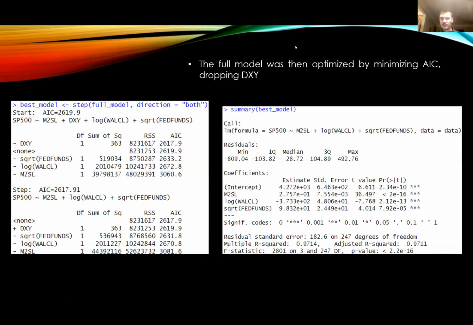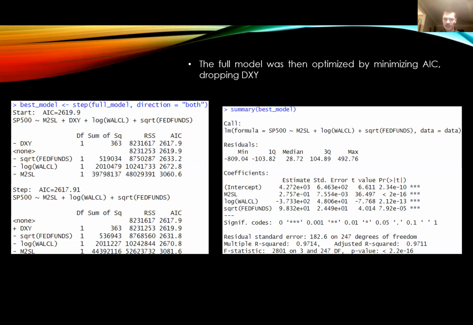Next, it was optimized by minimizing AIC, and this resulted in dropping the dollar index from the model, which was expected because it had such a high p-value.